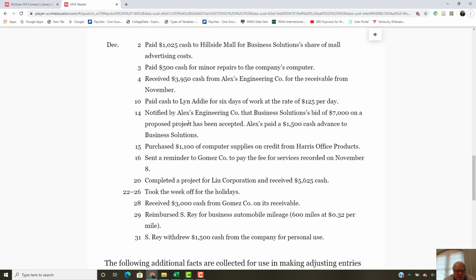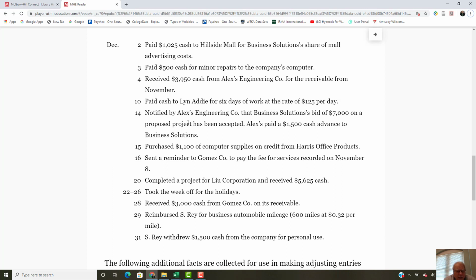Now, since Business Solutions hasn't done any work yet for Alex Engineering, they cannot recognize any revenue. You only get to recognize revenue once you've substantially completed the service. At this point, they haven't done anything.